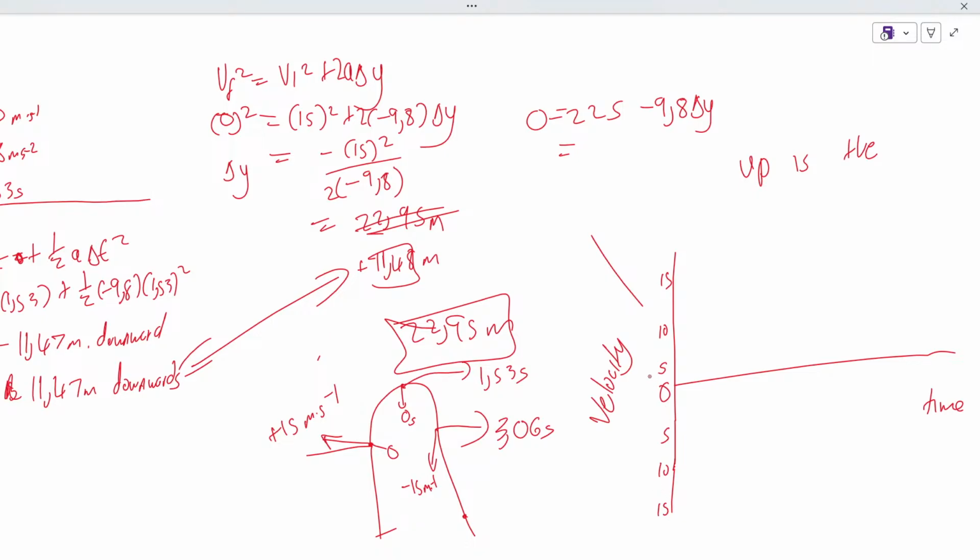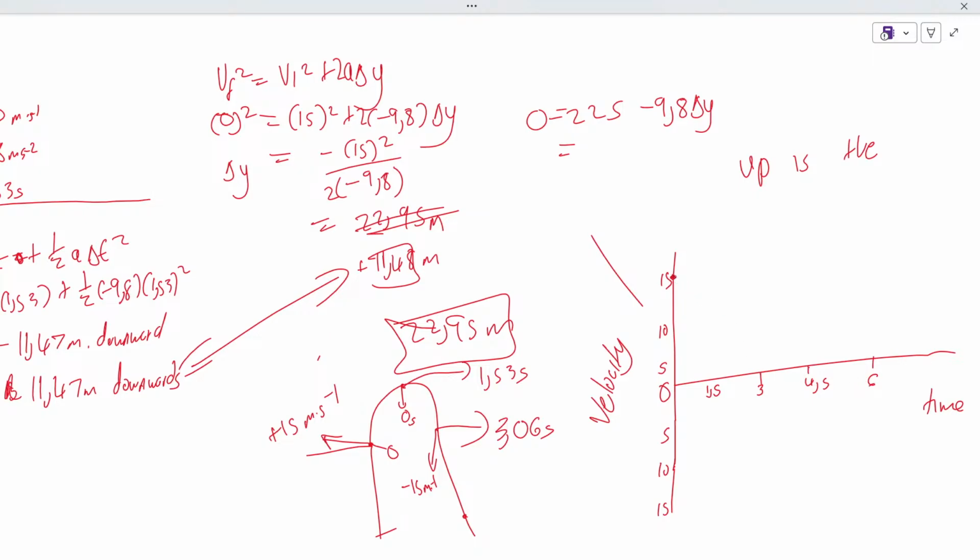Now what I have to know is that the ball starts here at 0 seconds. Let me count with 1,5, then 3, then 4,5, and then 6. Then we just plot.